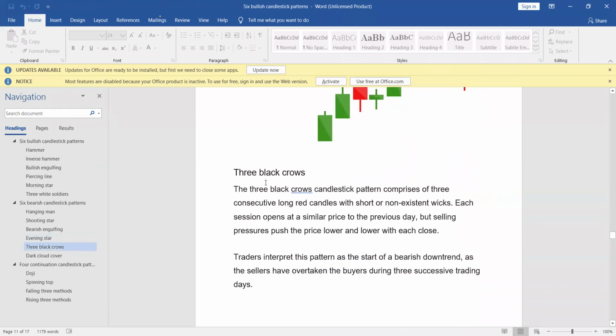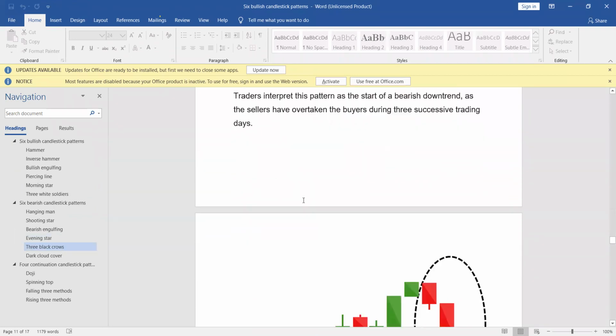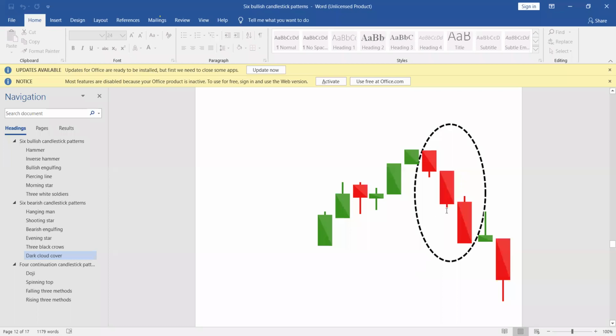Now, we have the three black crows. So one, we have, watch this out. This is the close. This is the close. This is the close. So the second candle's close price is below the close price of the first candle. And here the third candle closes below the close price of the second and the first.